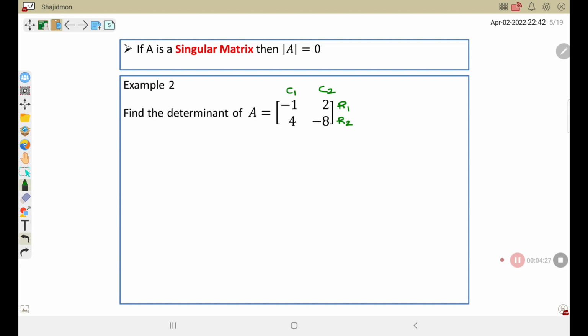So how to find the determinant? We already studied, correct? Determinant of A equals first multiply the main diagonal numbers, minus the off diagonal numbers.